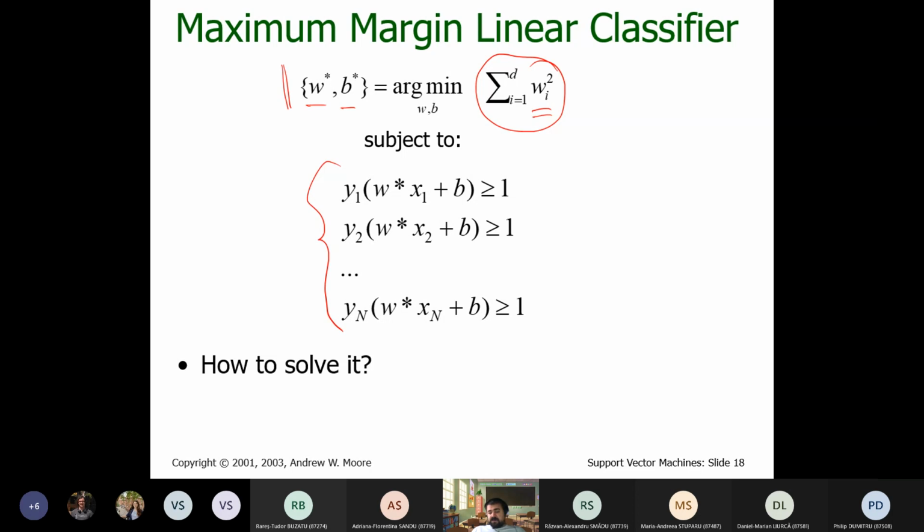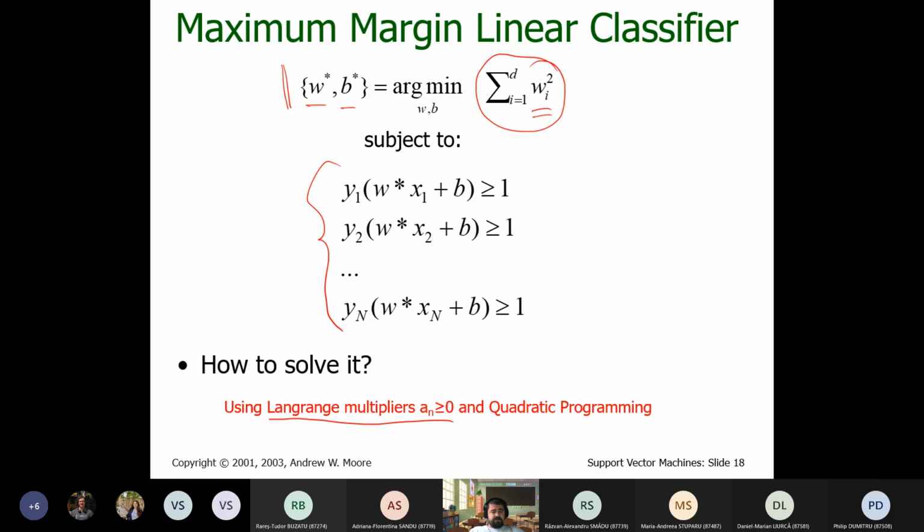How can we solve this? With quadratic programming. And to solve it with quadratic programming, we need to introduce some Lagrange multipliers. I won't insist on this. If you don't remember how to do it, you've learned it in special maths.